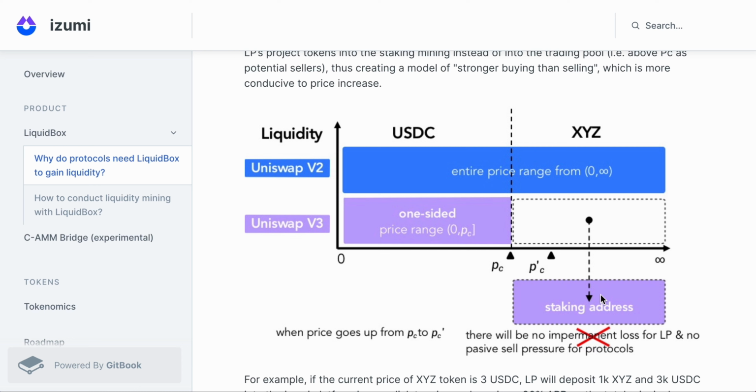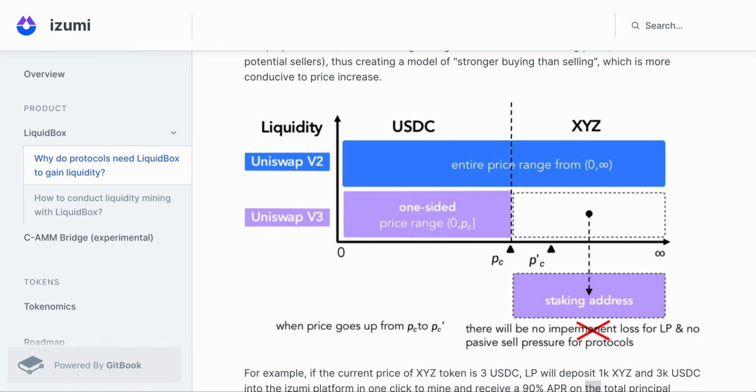So we can summarize the one-side model. One side uses the concentrated liquidity of Uniswap V3 and the staking pool: the stablecoin and the mainstream asset in the specific trading pair are put into Uniswap V3 to provide liquidity and earn transaction fees. The governance token is put into the staking pool for staking and provides additional liquidity subsidy reward for the assets in the staking pool.